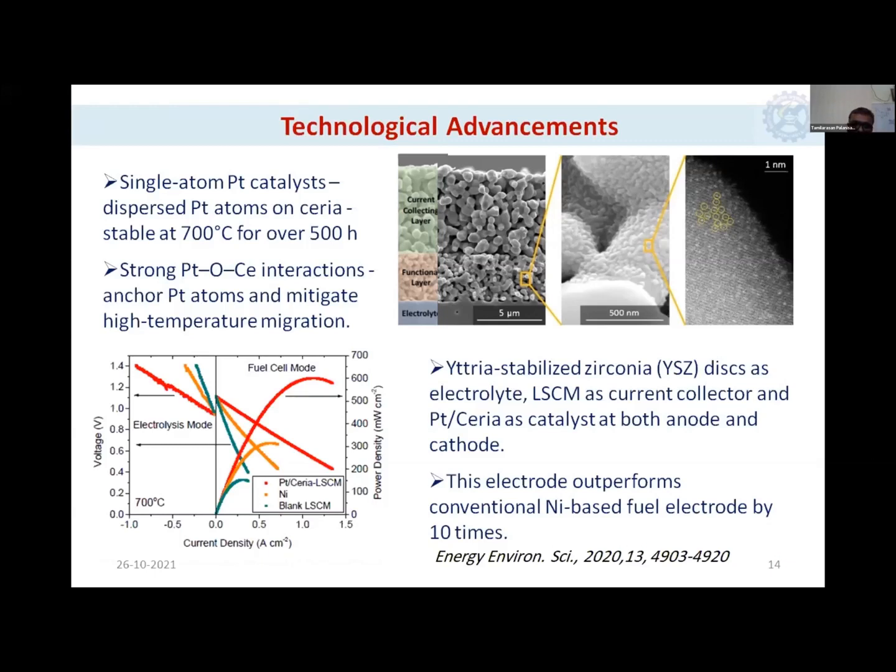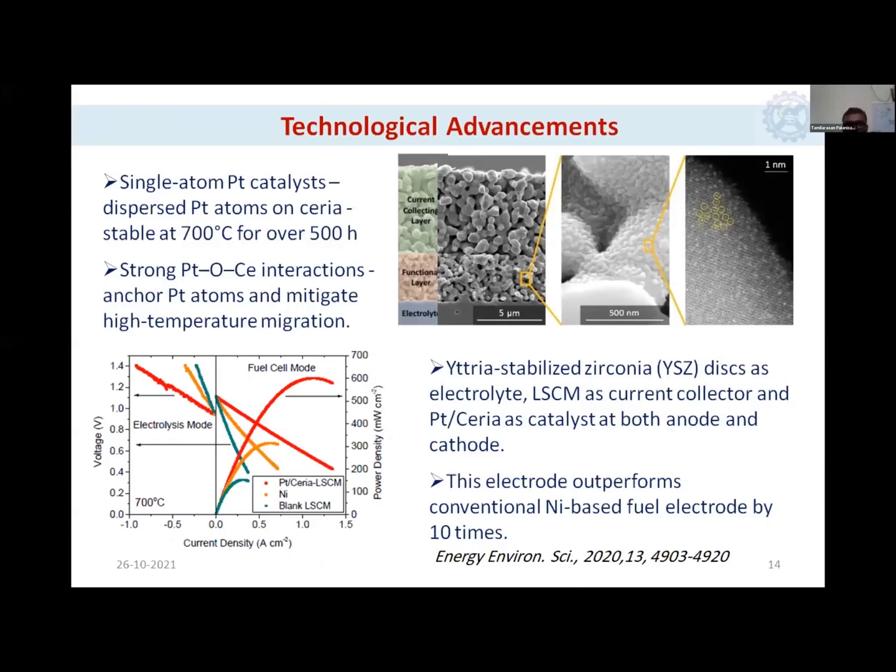So the recent literature gives a demonstration of single atom platinum catalysts. They have imbibed single platinum atoms into the ceria matrix, okay, cerium oxide matrix, by using some organic linkers.